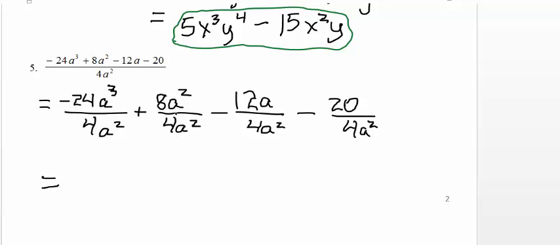In this case, every coefficient is evenly divided by 4.